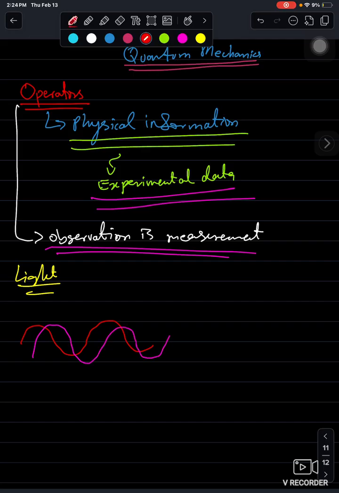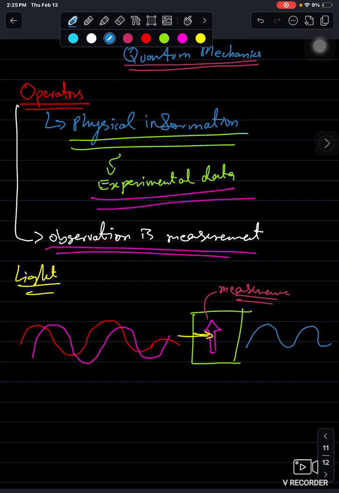But the moment an observation is made, meaning we put a polarizer, let's suppose a vertical polarizer, we call it a measurement. This measurement caused the light to now only have horizontal oscillation.